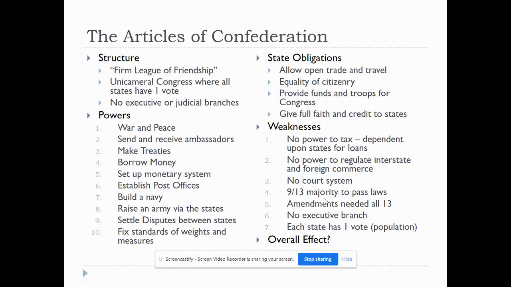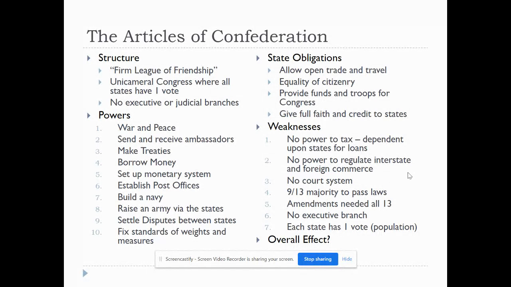So again, this becomes an issue because is this Congress going to be based upon equality of the states, or is it going to be based upon the population of these states? Which means a unicameral Congress of one vote per state is not really okay. It's not something that these founders really intended.